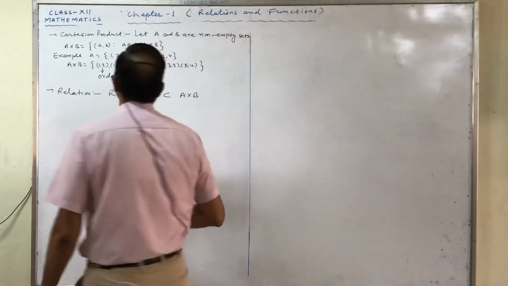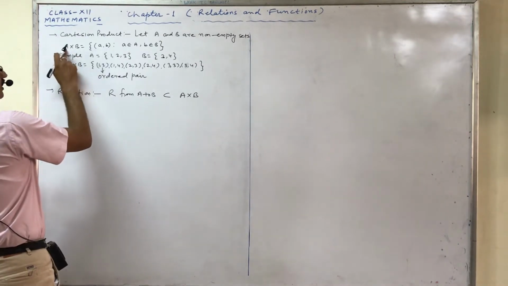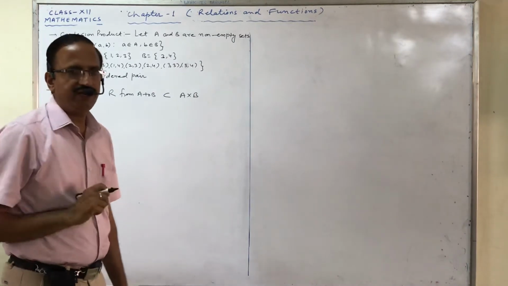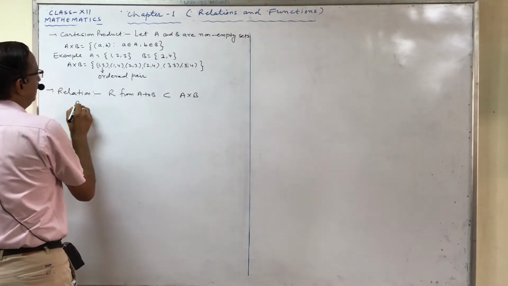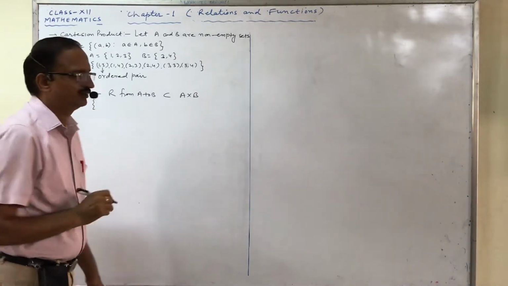For example, as we have written this Cartesian product, similarly we can write the relation also. So relation R is what?